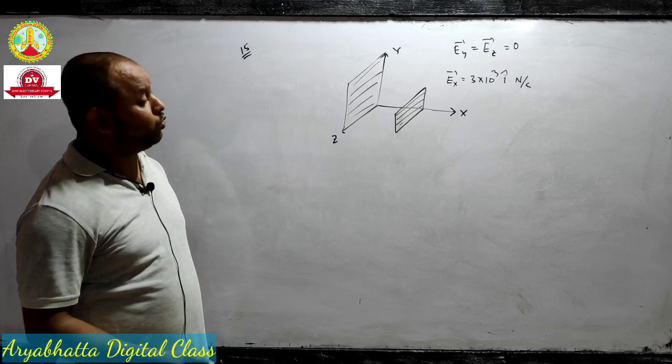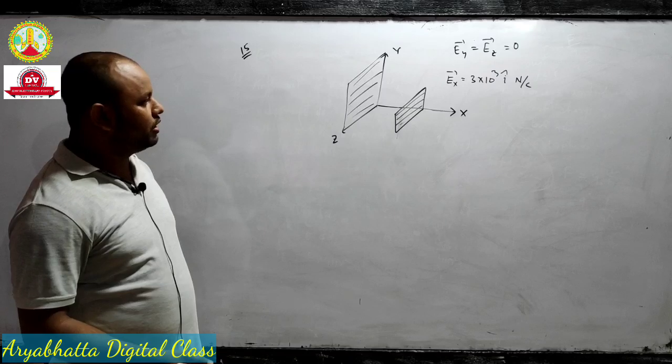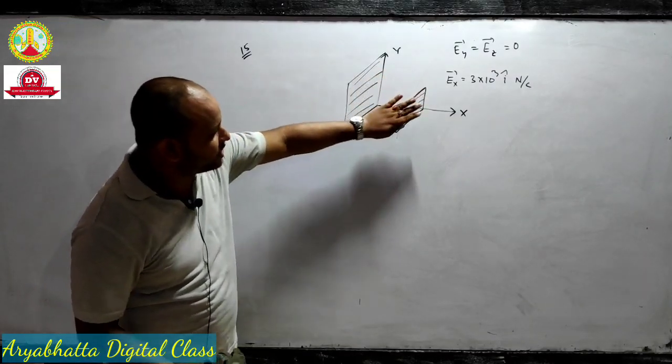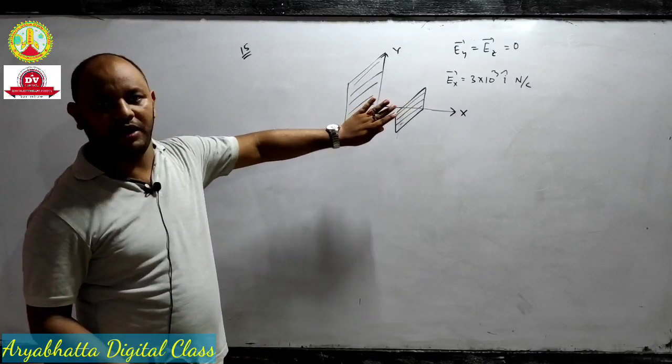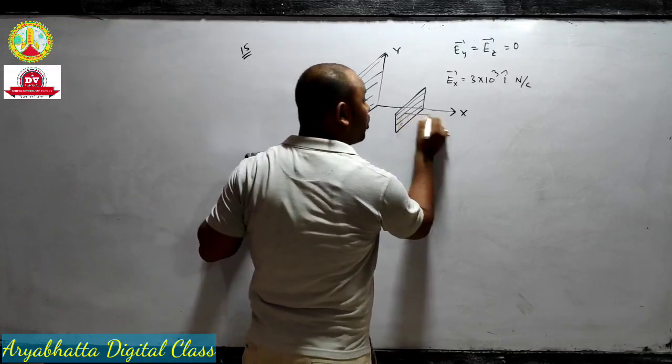If this is parallel to the YZ plane, what will be the direction of area vector? Both are parallel. And the direction of area vector is always normal to the surface.